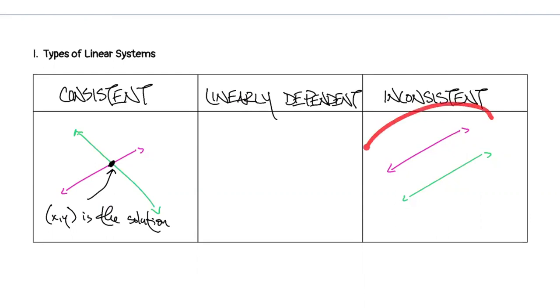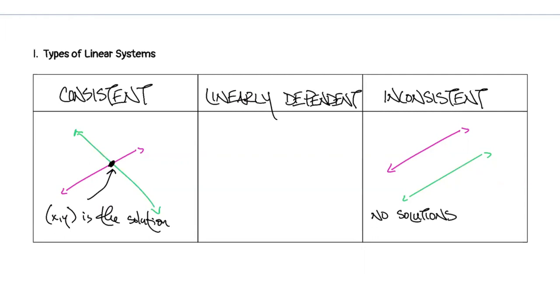But if we look at this last picture, how many solutions are there? None? Yeah, there are no solutions here, right? And so we would say in this case, if we did graph this, now we're sort of moving beyond that initial anxiety and saying that there are no solutions.